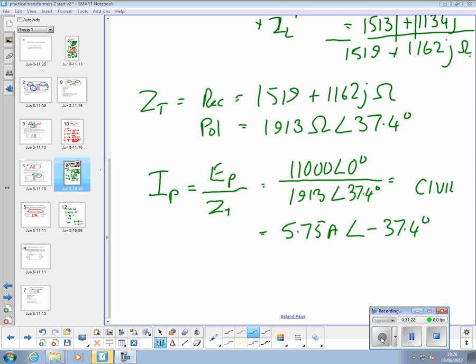CIVIL says that's good, because it's inductive and we got a negative angle. Yep, lagging, current's lagging.